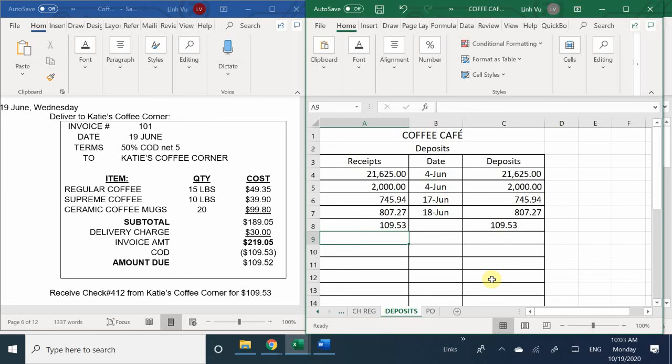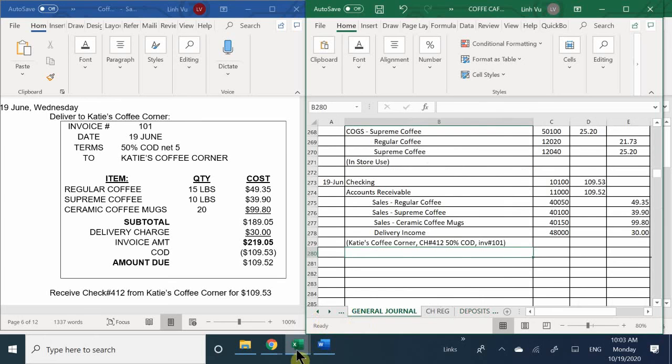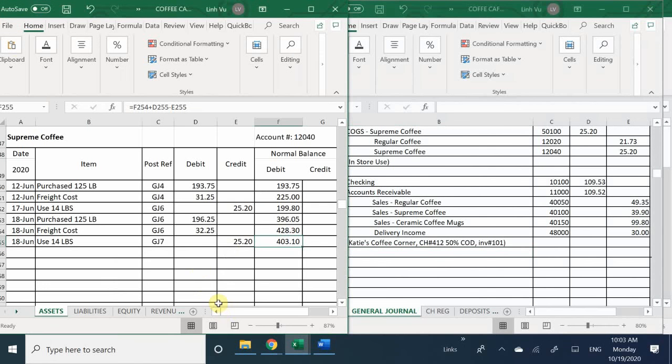What's next? The ledger. Let's go ahead and do the ledger. Okay, so ledger it is.